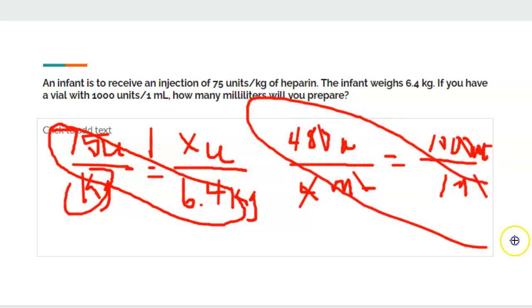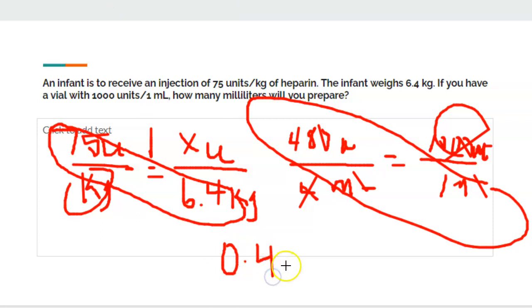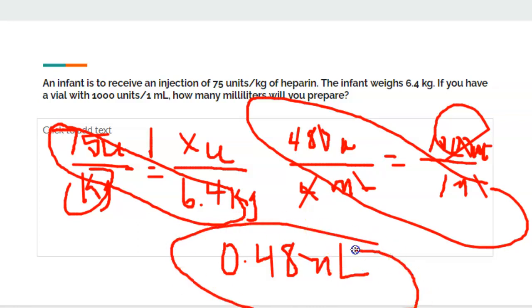So now we're going to cross multiply and divide here. So 480 times 1 is 480 divided by 1,000 ends up being, our answer is 0.48 milliliters. And that's our answer right there.